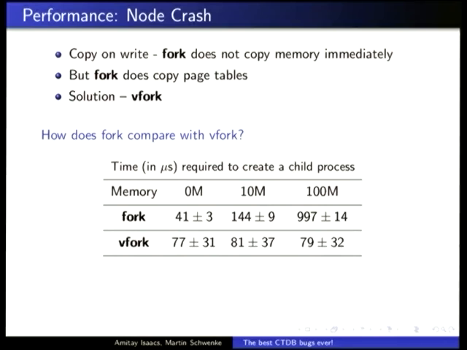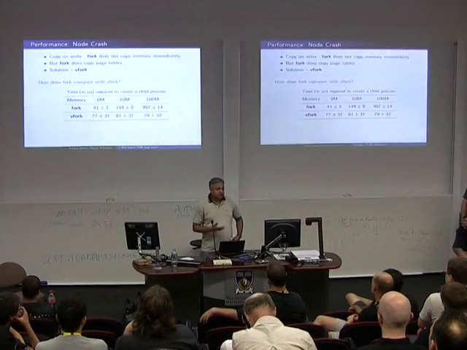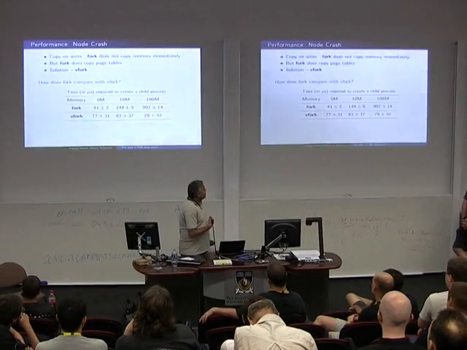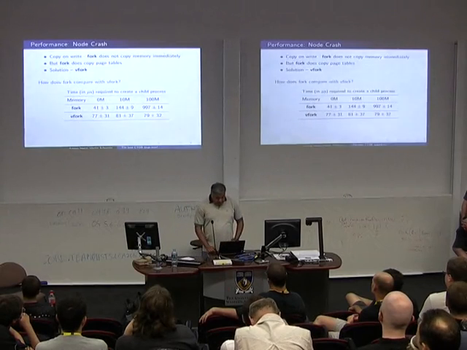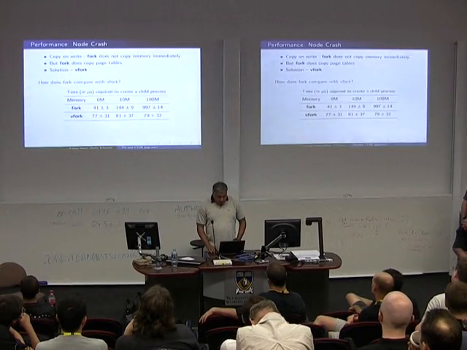It takes about 40 microseconds on that particular hardware. But if you start allocating more memory and then try to do a fork, it starts taking more and more time, and we are seeing about 2 to 3 milliseconds per fork on our system. So obviously, vfork has a benefit here. It's more or less constant.